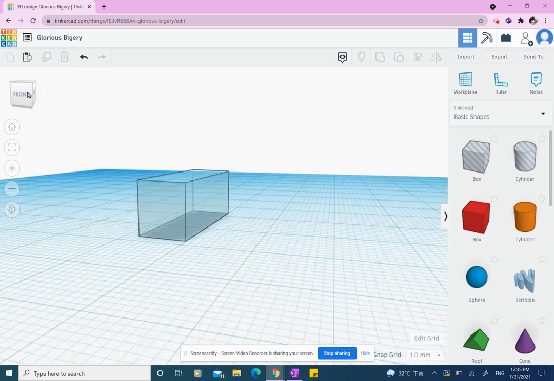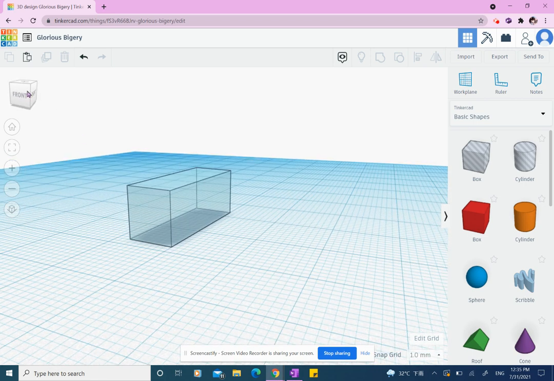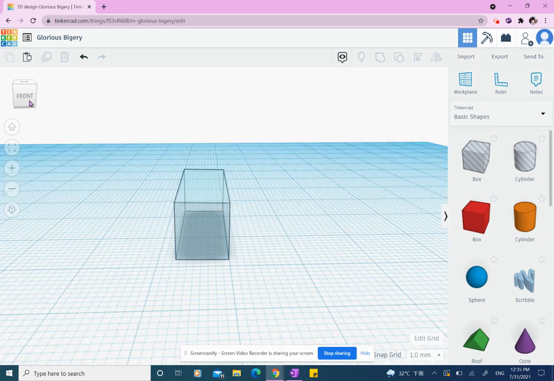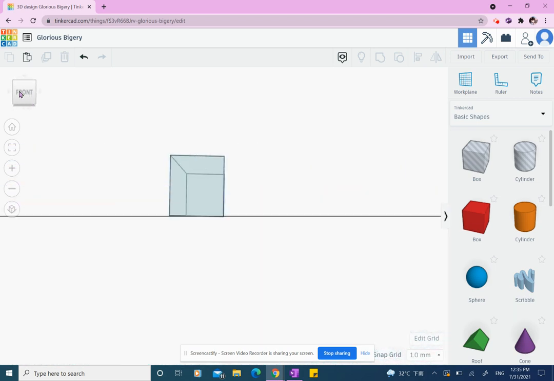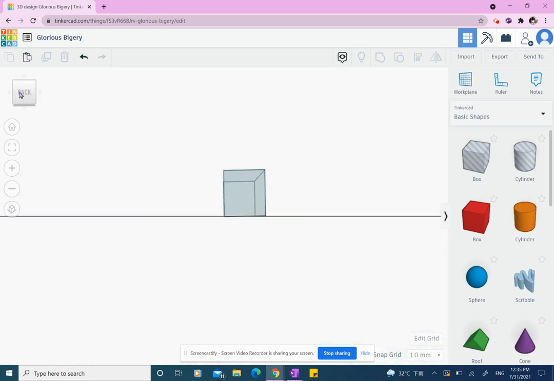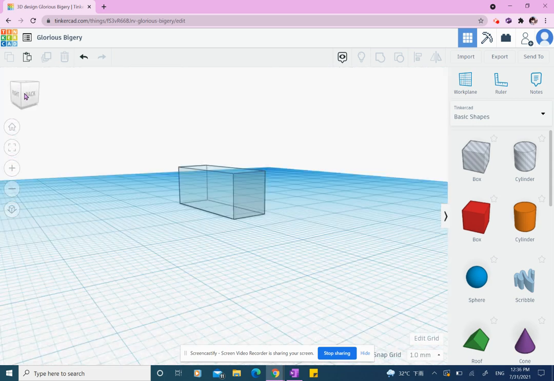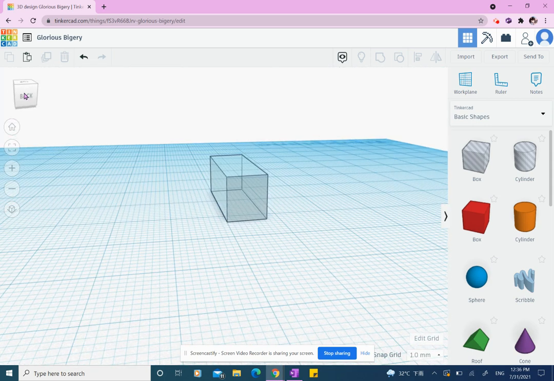Now, are there more squares? Yes, because if you take a look at a cuboid, it is a 3D shape, and there are two of them. One is here, this is a square. The other one is here. So as you can see, this is front, and this is back. And they're exactly the same.